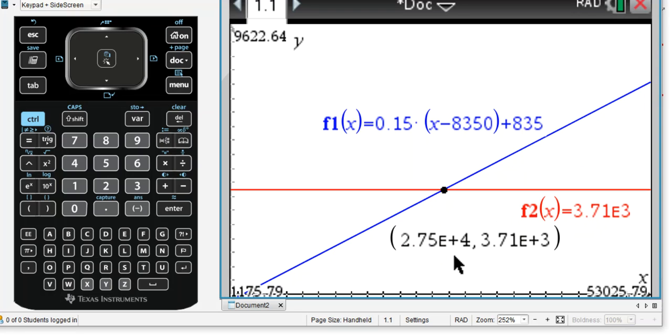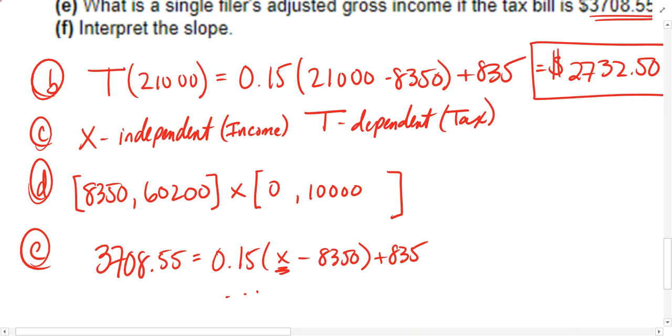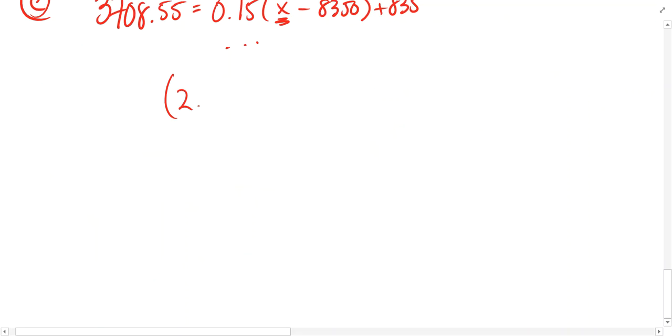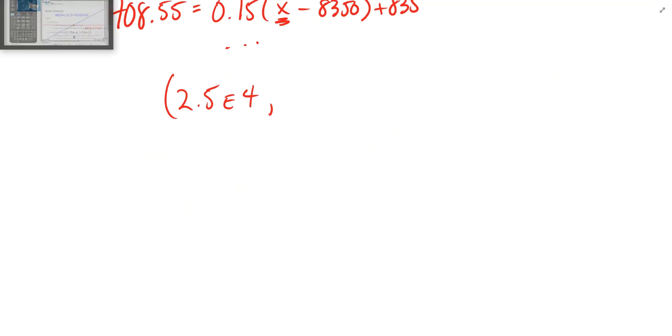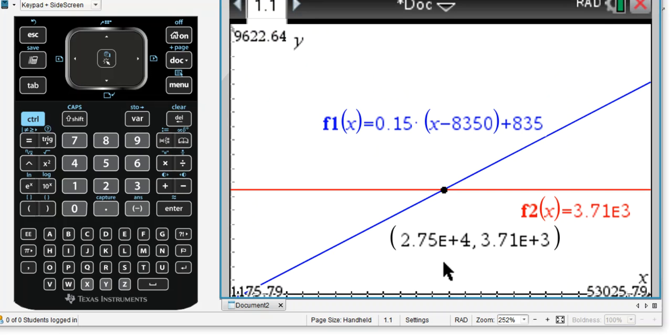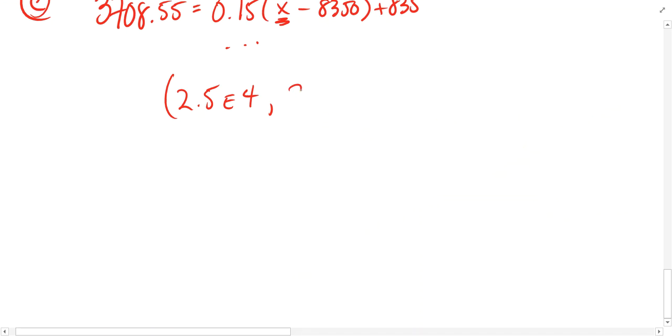Now on my calculator, the scaling is kind of off and the format of these numbers is a little bit different. But if you remember your scientific notation, you should be able to interpret this. We have an x value of 2.5 E positive 4 and a y value, let's double check that again, 3.71 E3, and I think I've got a mistake here.